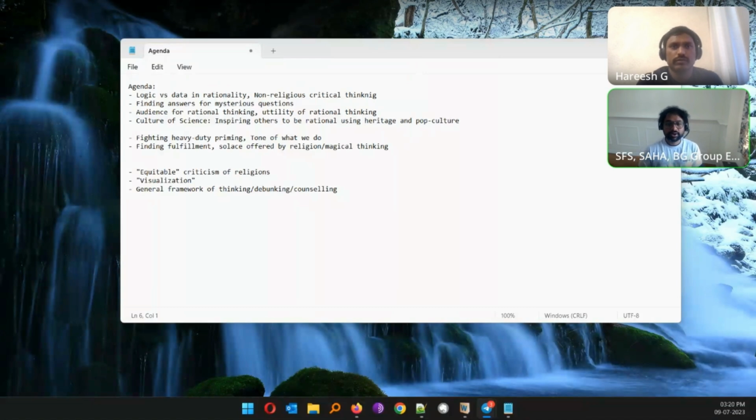We try to identify ourselves within a culture, which is not wrong at all, and then we try to use heritage to get inspiration, so that we can say, oh, even people from within our culture group also thought in this way.